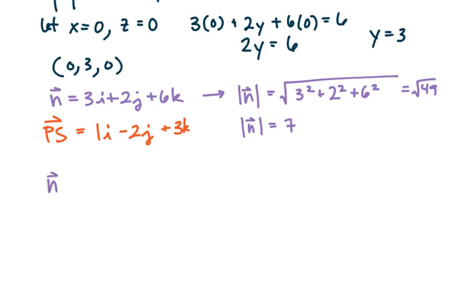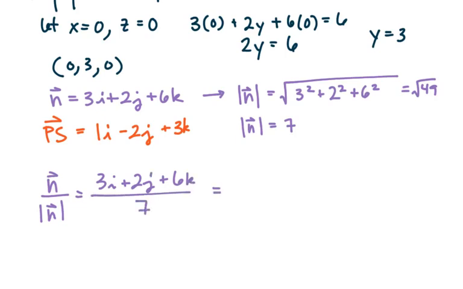So then the unit vector for my normal vector is 3i plus 2j plus 6k over 7, or 3/7 i plus 2/7 j plus 6/7 k.